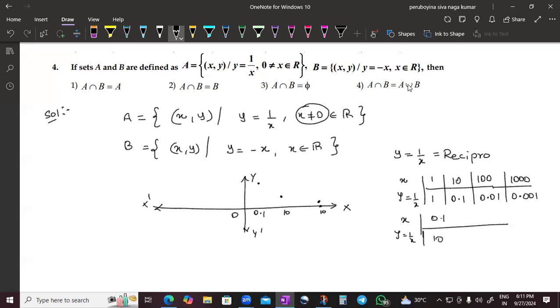So if you join all these random points, we will get a smooth graph like this. And remember, it should not touch the x-axis.